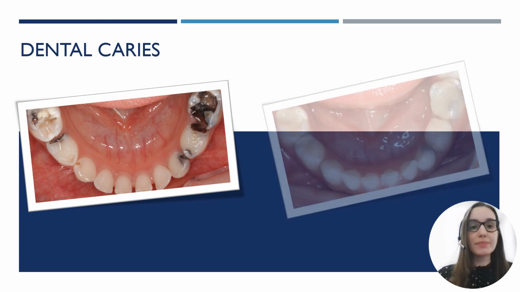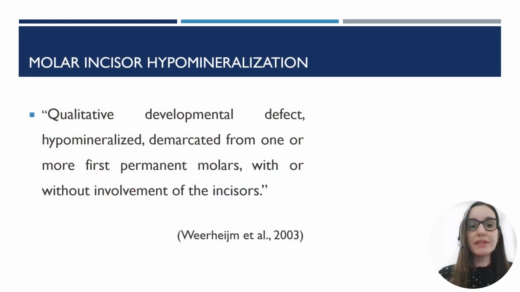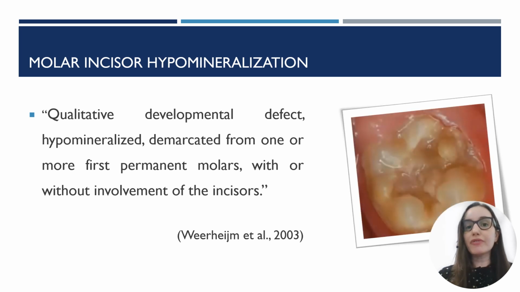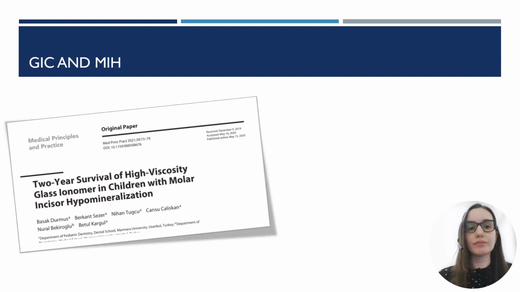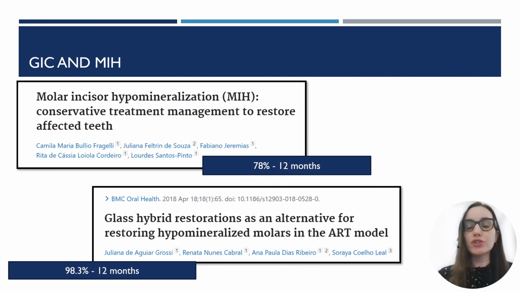Glass ionomer cements are good materials to restore cavities in deciduous teeth, and are indicated to restore teeth affected by molar incisor hypomineralization, with good results in the literature showing survival rates of around almost 90% after 2 years, 78% after 12 months, and 98.3% after 12 months.